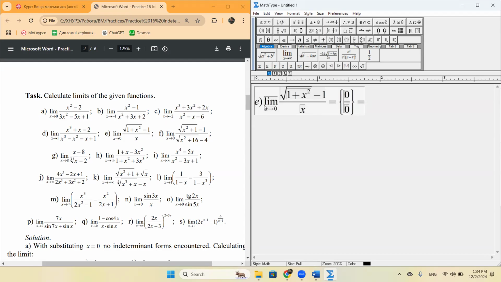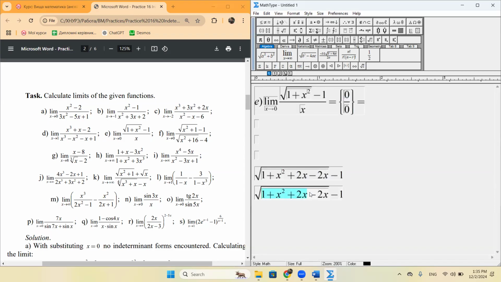I think we can make the formula under the square root like 1 plus x square plus 2x and minus 2x. Something like that. Okay, so what do you basically suggest? Plus 2x minus 2x, and what does it give for us?